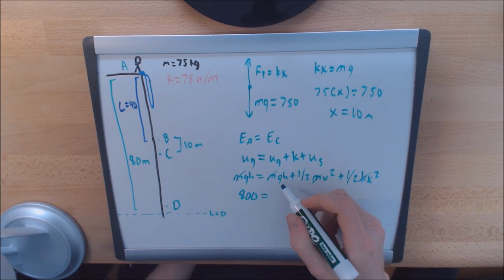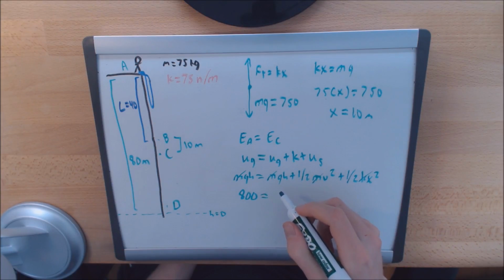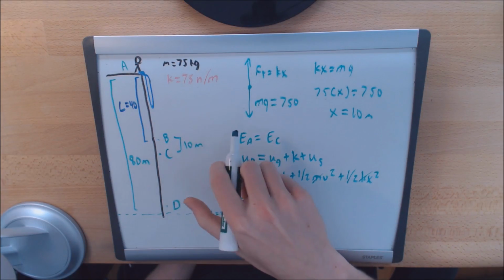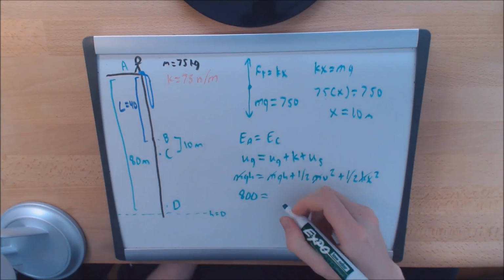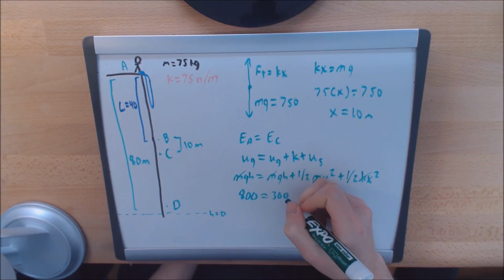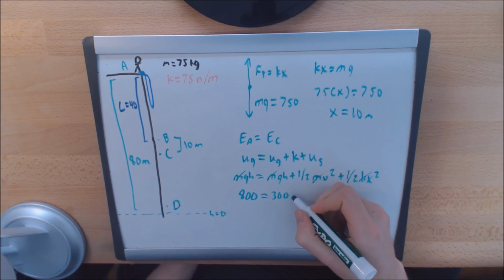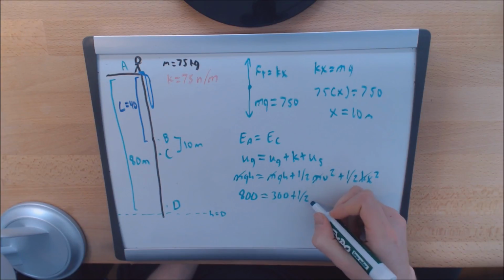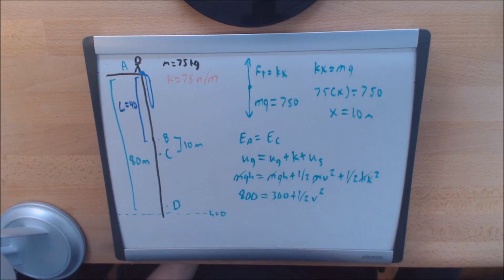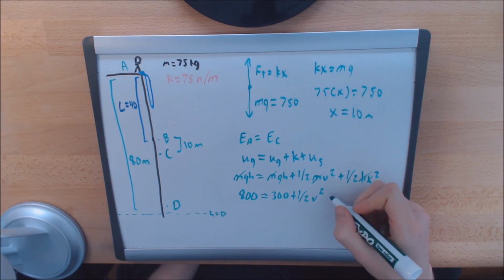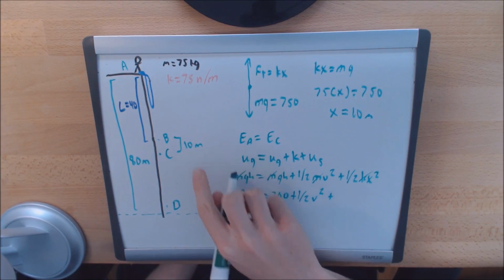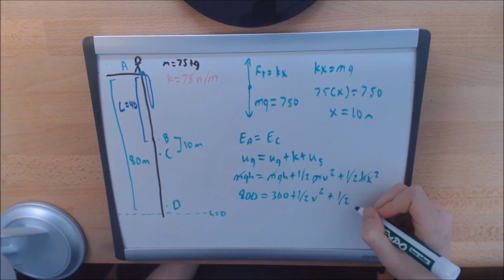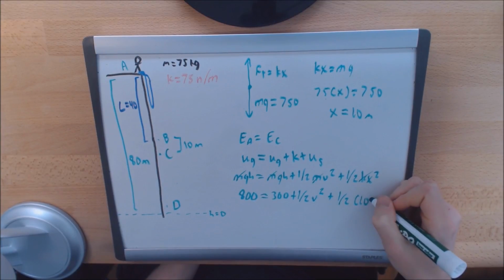That's going to equal our secondary gh, which is going to be a g of 10 still, but an h of 30. So that's going to be 300. Our mv squared is what we're solving for. And our kx, we know our stretch distance is 10, so it's going to be 1/2 times 10 squared.